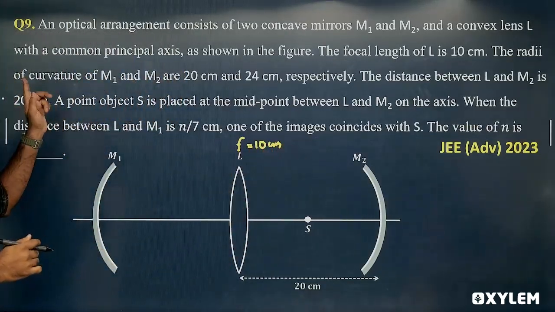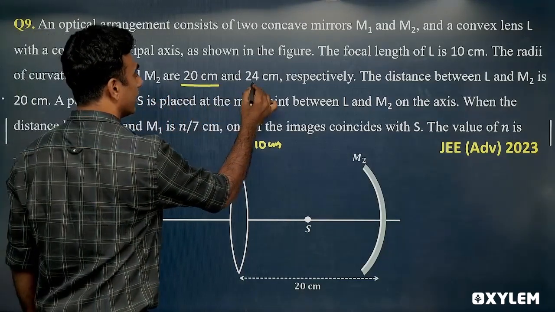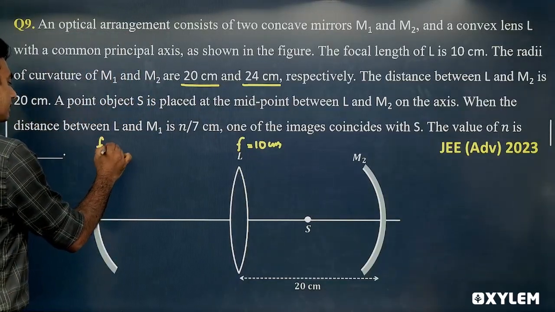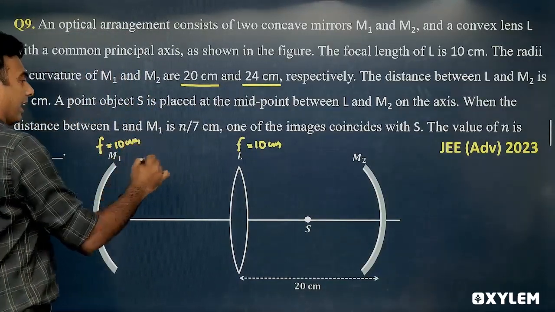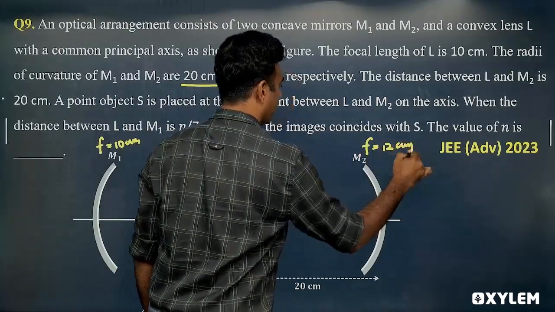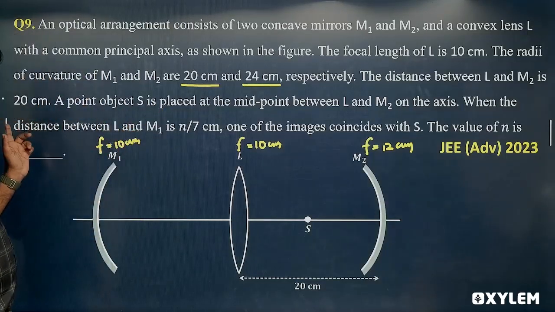Then the radii of curvature of M1 and M2 are 20 centimeter for M1 and 24 centimeter for M2. That means the focal length here is 10 centimeter and here the focal length is 12 centimeter, R by 2. The distance between L and M2 is 20 centimeter.